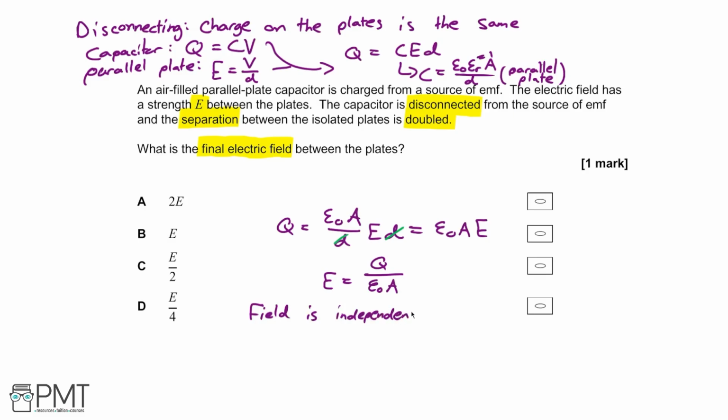It doesn't appear anywhere in that equation. So even if I double the separation between the plates, it won't affect the electric field at all. Therefore, our answer has to be B.